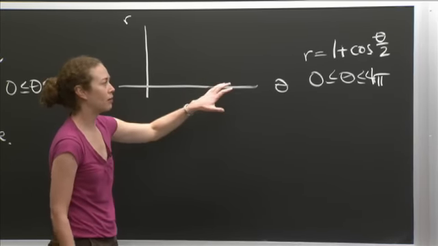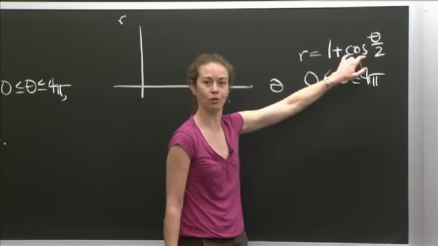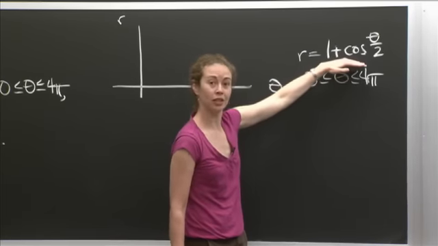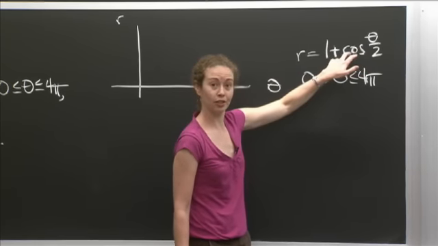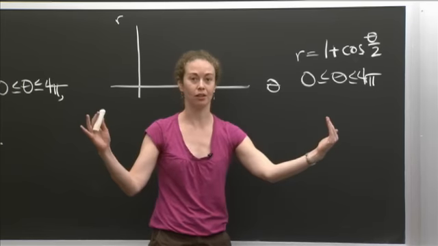And let's think about what kind of transformations have been done to the normal cosine function. If I take, instead of cosine theta, cosine theta over 2, that's stretching it horizontally.